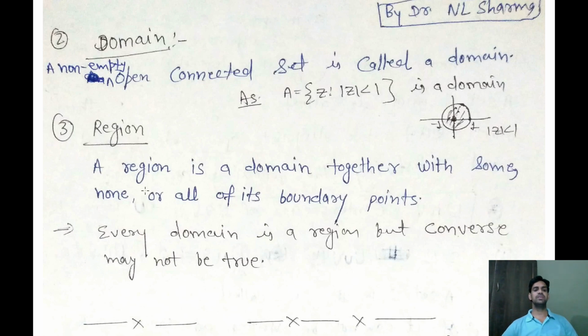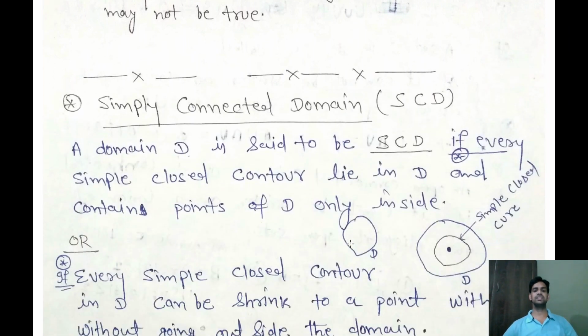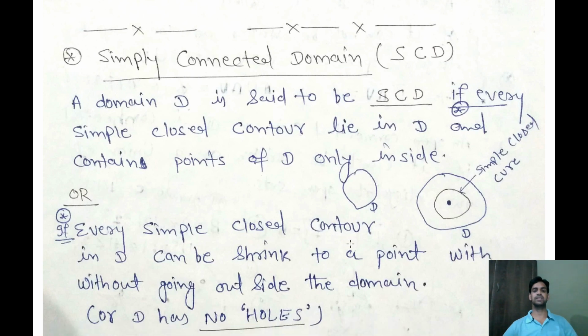And one relation between domain and region: every domain is a region but the converse may not be true. That means a domain is a region, but if we have some region, we cannot say it will be a domain, because for a domain we need a non-empty open connected set, but for a region we may or may not have the boundary.